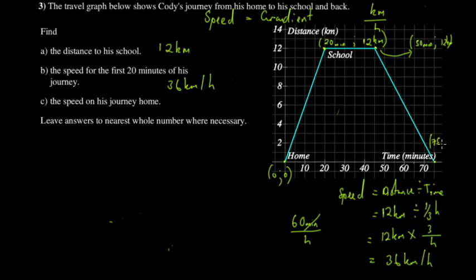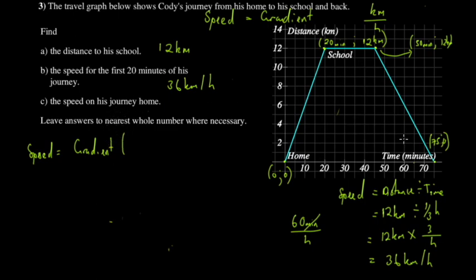So 75 minutes and 0. I didn't write minutes here because there's no space, but it's essentially 75 minutes and 0. So the speed would be the gradient, from point A to point B or something like that.